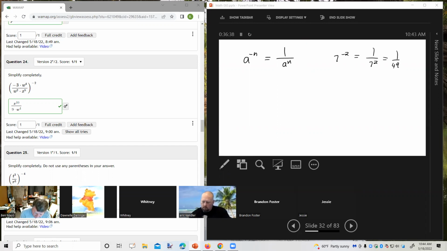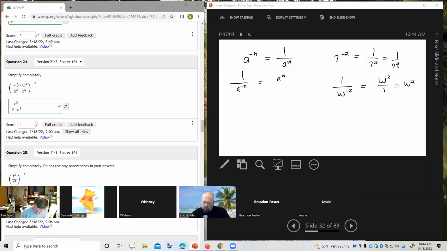This works the other way as well. If I had 1 over w to the negative 2 power, that would be w to the positive 2 power over 1, or just w to the 2 power. So you can move it downstairs or upstairs, and it's going to change the sign of the exponent.